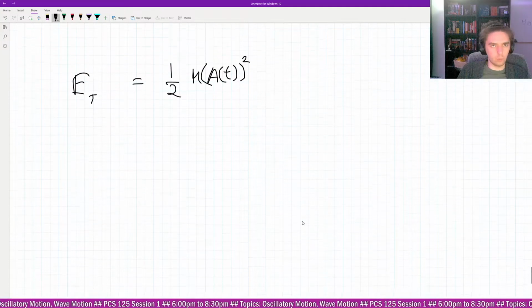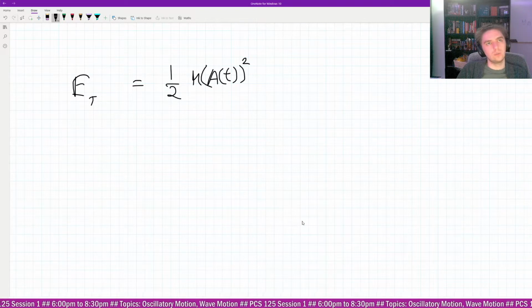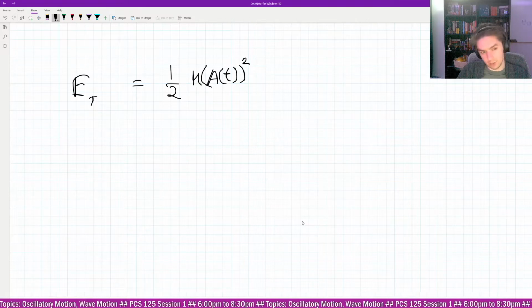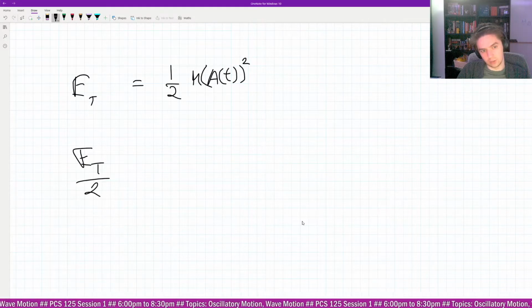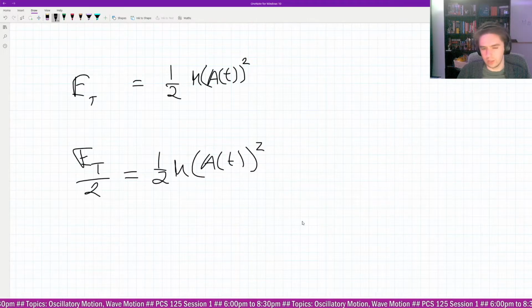We want to know when it gets cut in half. So when is E_T over 2 equals 1/2 k A(t) squared? That should work, I think.